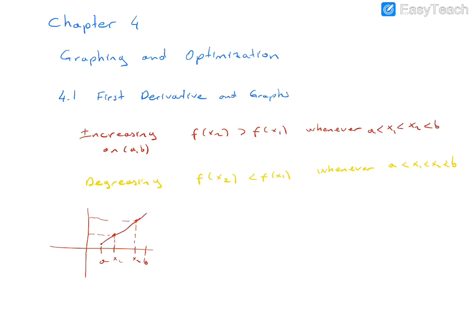And in the second case, a is somewhere here, b somewhere here, x1 here, x2 here, for all x1 and x2. f(x1) is bigger than f(x2). So starting somewhere, the function goes down. So this is the decreasing function graph.